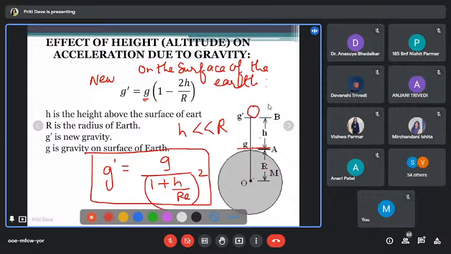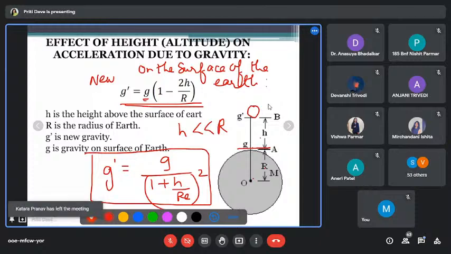But I would strongly recommend that you remember the formula that g dash is g into (1 minus 2h by r), where h is the height to which you are going, say 5 meters or 8 meters or whatever value you have in the question.